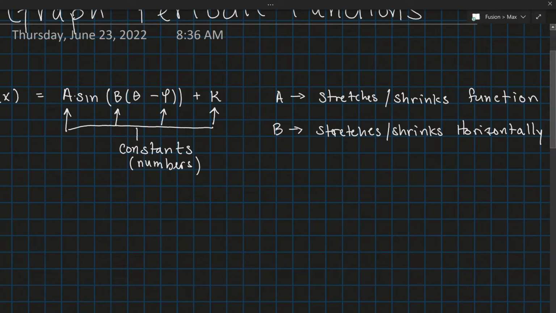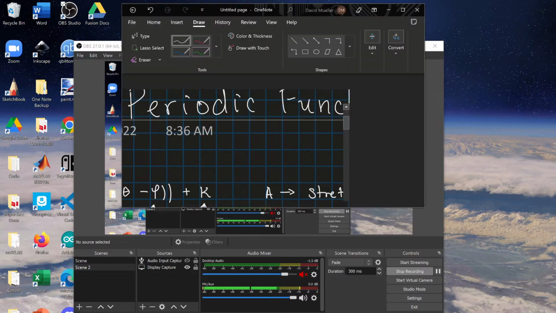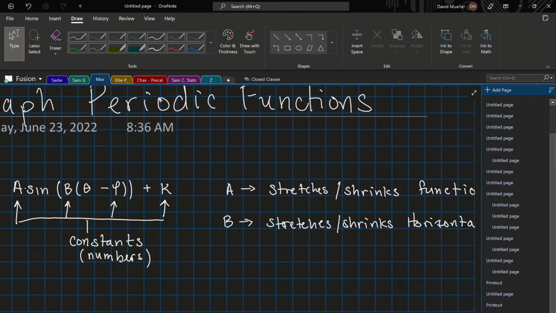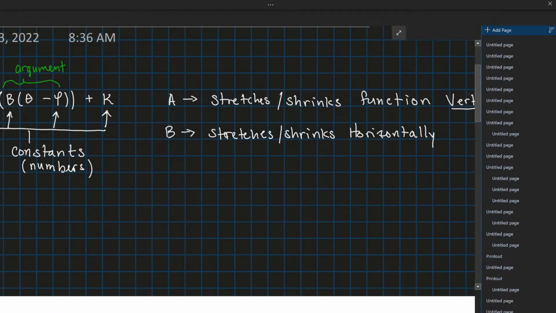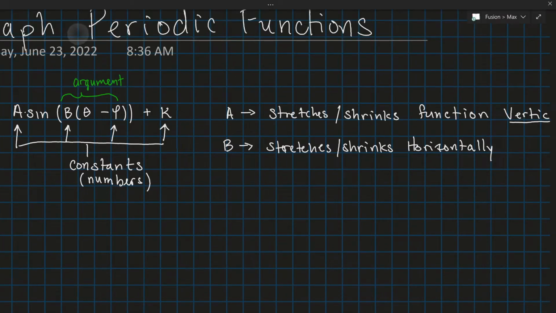It's multiplying by the inside, which, by the way, the inside of a function is what we call the argument. And this is actually true for any kind of function. So it stretches or shrinks horizontally because it's multiplying by the argument.